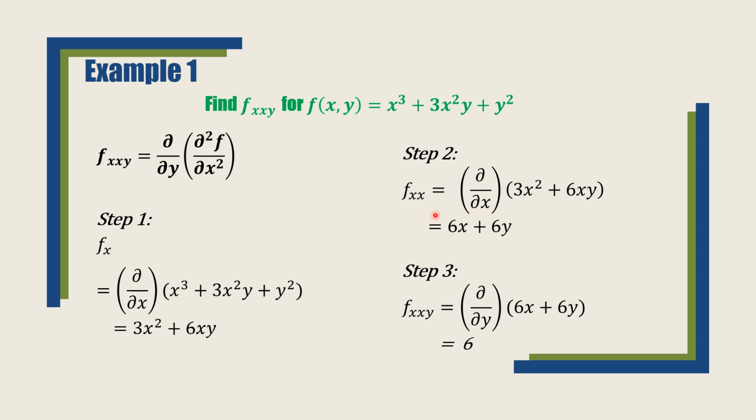So we have 6x plus 6y. Let's proceed to step 3, where we are deriving the last one, which is y. We interchange the x into y, and from step 2, we have 6x plus 6y. By deriving this, we came up with 6. So 6 is now the answer.